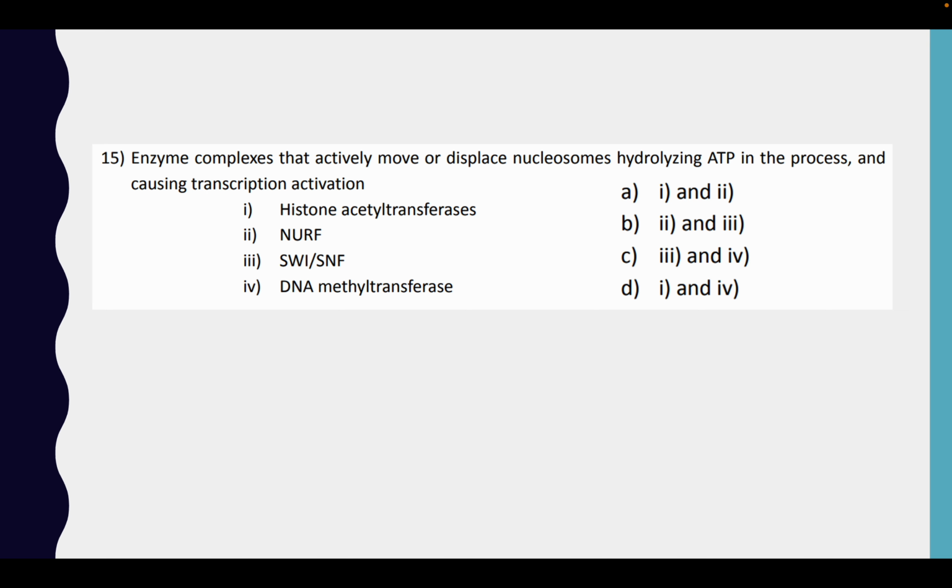I already explained in the last question. Now you should answer. First of all, which of these is an enzyme complex?